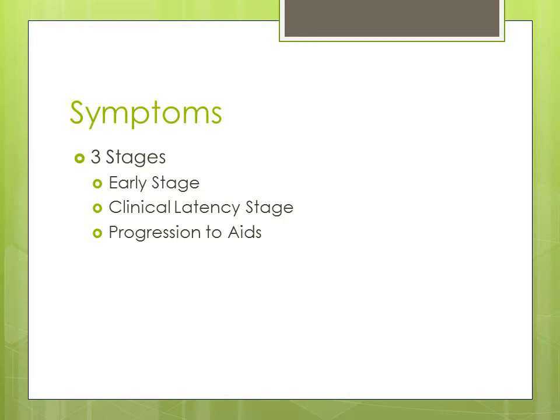If you take antiretroviral therapy, you may live with clinical latency for several decades because treatment helps keep the virus in check. For people who are not on ART, this clinical latency stage lasts on average 10 years, but some people may progress through this phase faster.